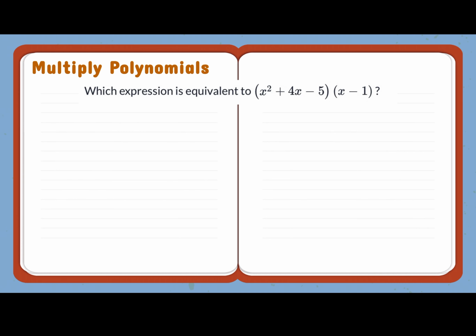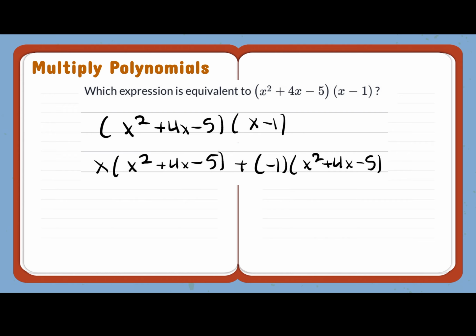We have this 3-term polynomial times a 2-term polynomial, so we can't just FOIL like normal. So because that can get a little frustrating, what we can do is that we can just use the distributive property and just solve it like this, where we just multiply each term from the 2-term polynomial by the 3-term polynomial like this, and it can make it a lot simpler to solve.